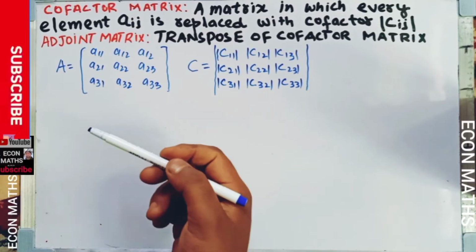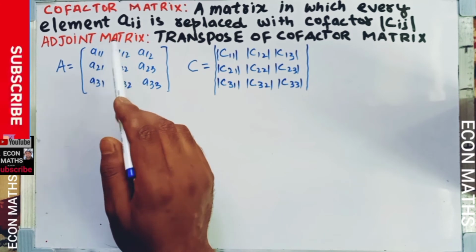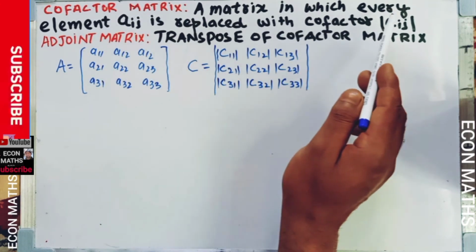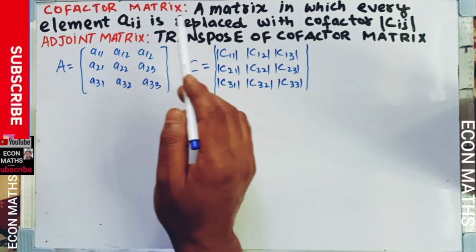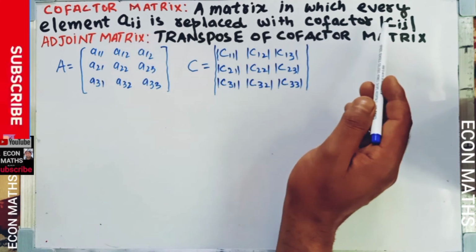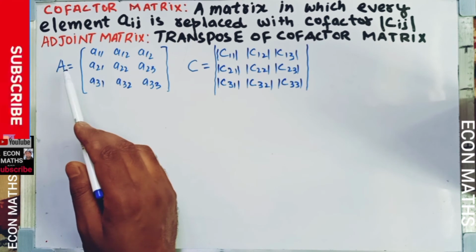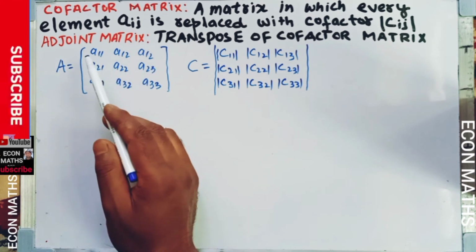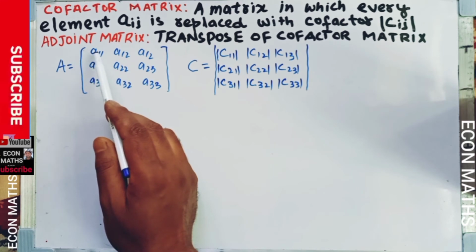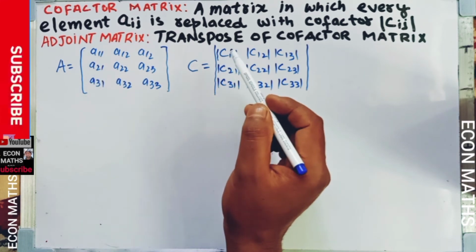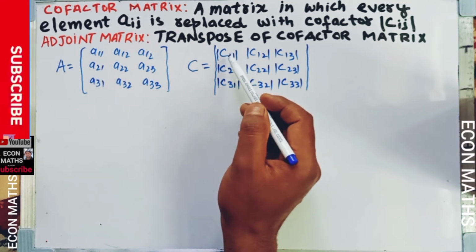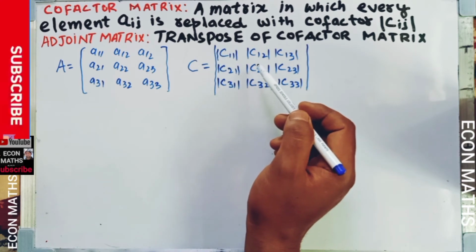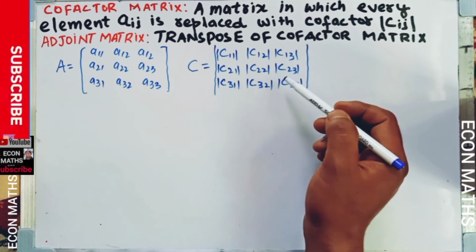Now we will see the cofactor matrix and adjoint matrix. A cofactor matrix is a matrix in which every element Aij is replaced with cofactor Cij. That is, if we are given a general matrix like this, and every element of this matrix is replaced with the cofactor, then we say the matrix formed by the cofactors is a cofactor matrix.